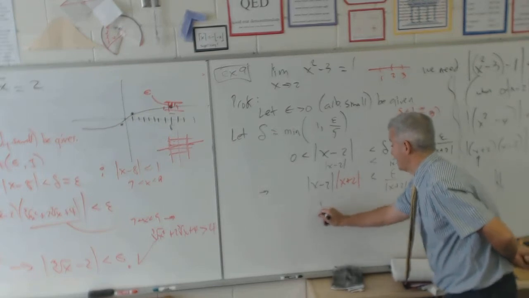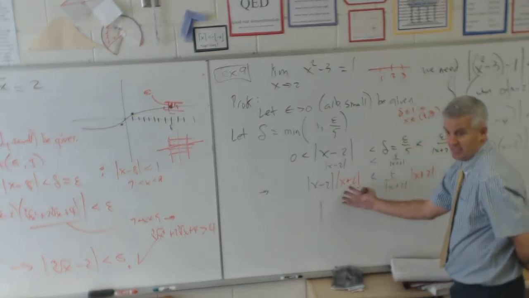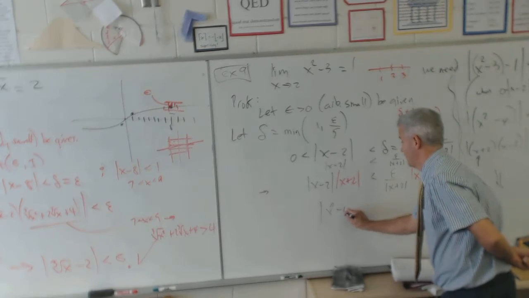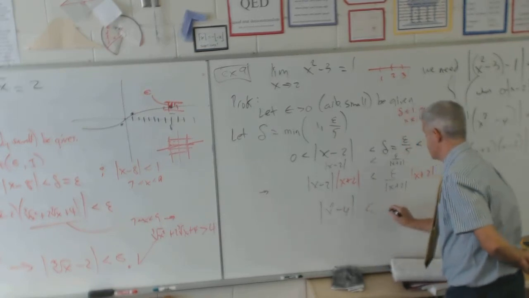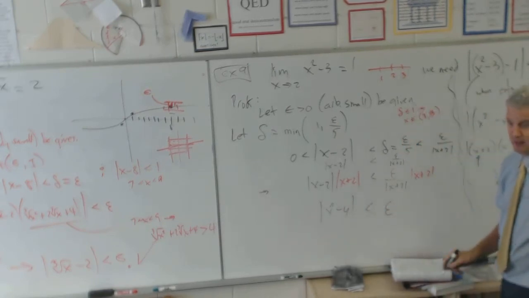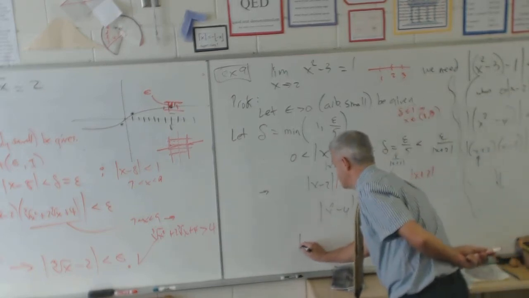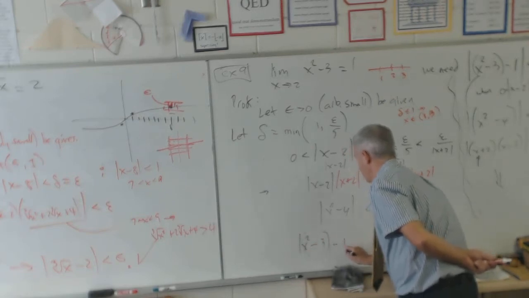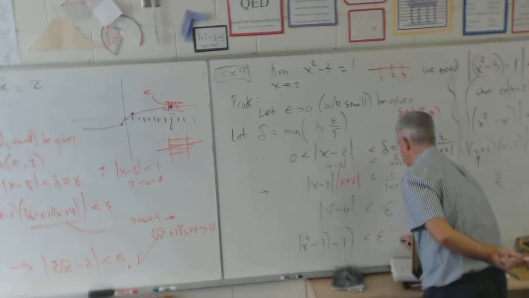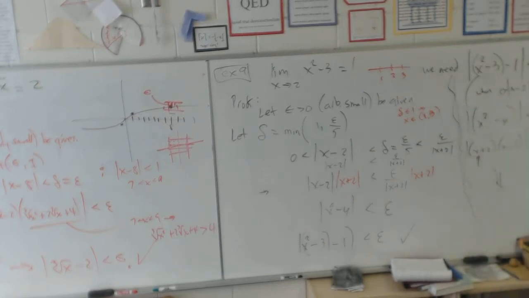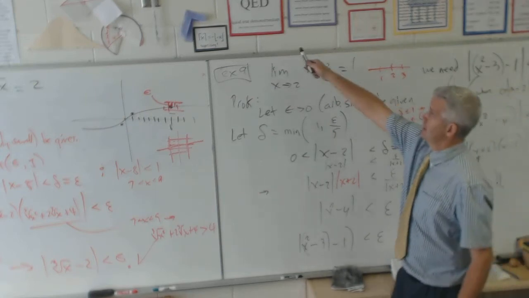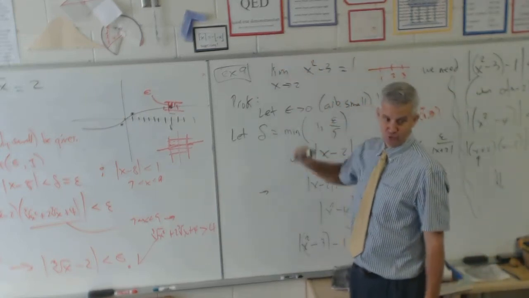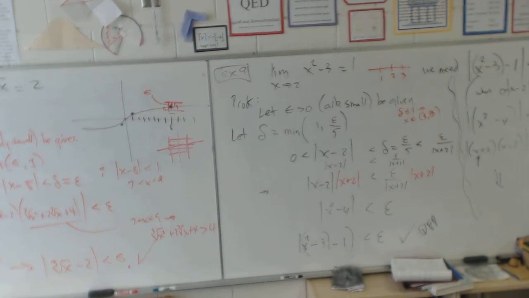And now on the left side, this is the same as that. And this, of course, is epsilon. But what's x squared minus 4 the same as? The absolute value of x squared minus 3 minus 1 is less than epsilon, which is what we were to prove. QED, that which was to be demonstrated. Proof done. Follow?